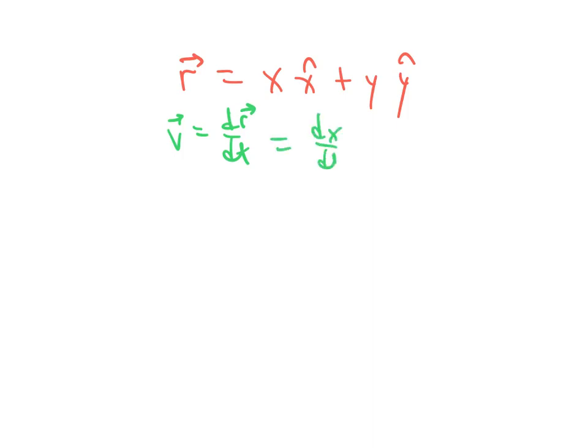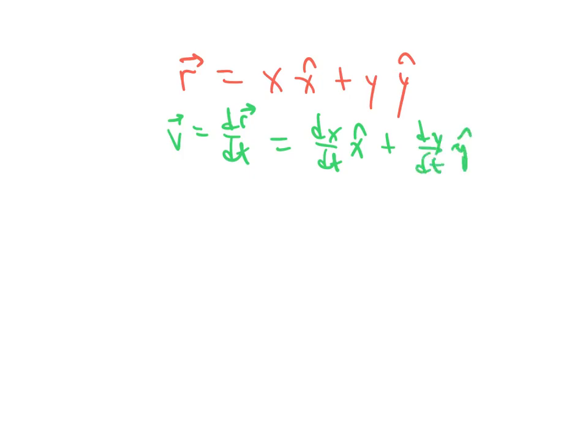Even though that went kind of quickly, that really gives us everything we need about these three vectors. We can still say that each vector has it such that the components are still the derivatives of their appropriate bit. So for instance, as a reminder, if we have that the r vector is x in the x hat plus y in the y hat, then the velocity vector is d/dt of the r vector, which ends up being dx/dt in the x hat plus dy/dt in the y hat.